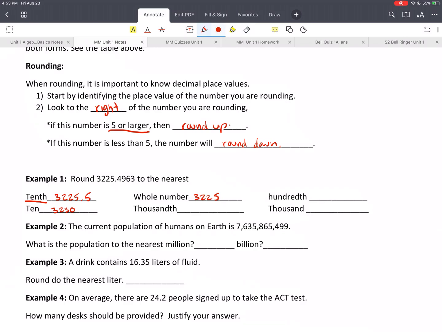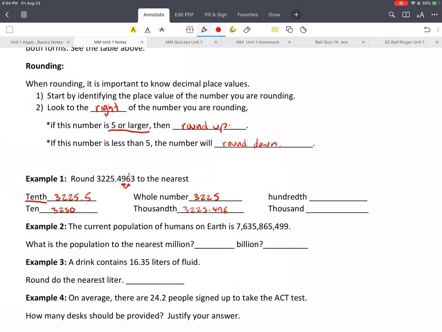Thousandths. This would be our tenths, hundredths, thousandths. Look to the right, it's less than 5, so we leave the 6 alone. Hundredths is the 9. We look to the right. 6 is greater than 5, so we round up.